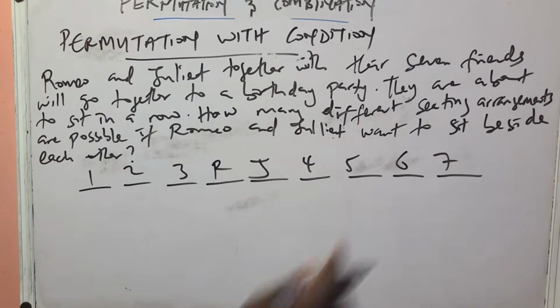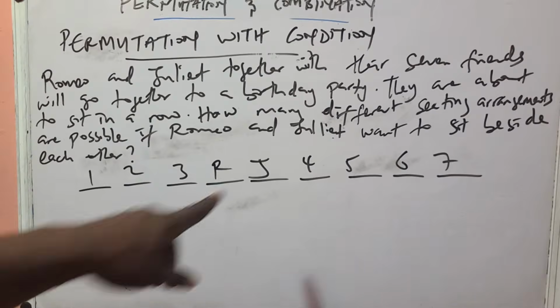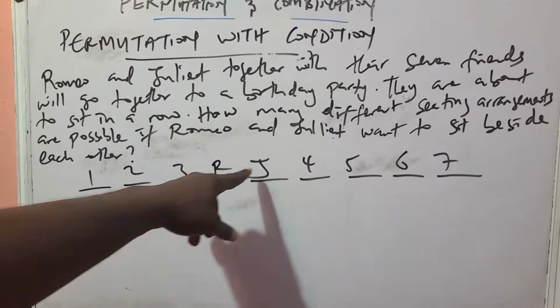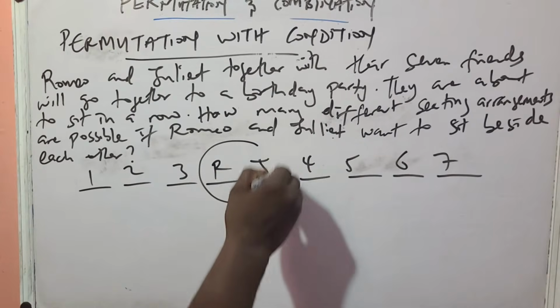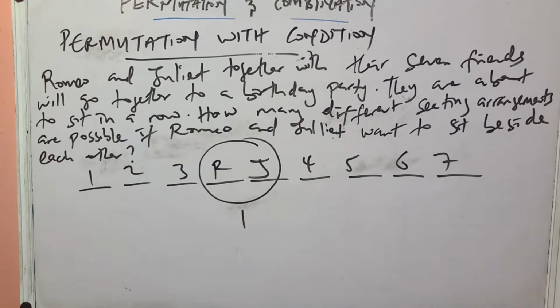This is their 7 friends. What you want to do to ensure that this condition is fulfilled, because they must be together, that's what they just said, they must sit together, is that you will take Romeo and Juliet as one object. All right, you will take Romeo and Juliet as one object.